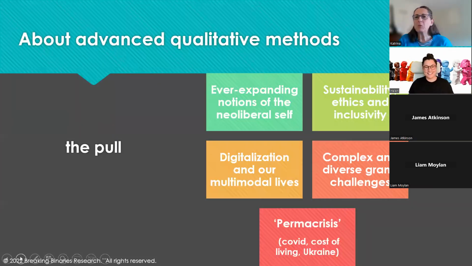So we wanted to talk about why advanced qualitative methods, and we've summarized this somewhat simplistically into two drivers for developing more advanced qualitative methods. The first is the pull, and much of this will undoubtedly be obvious to you.